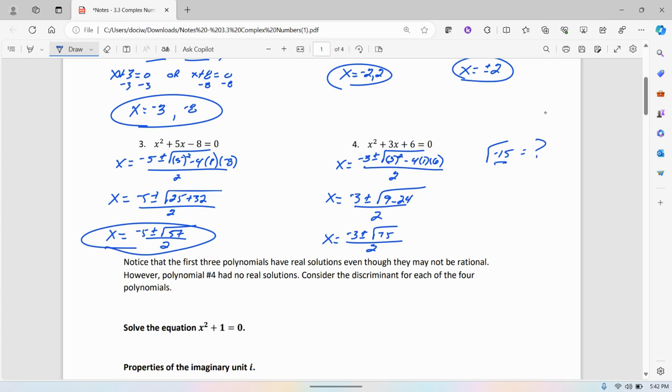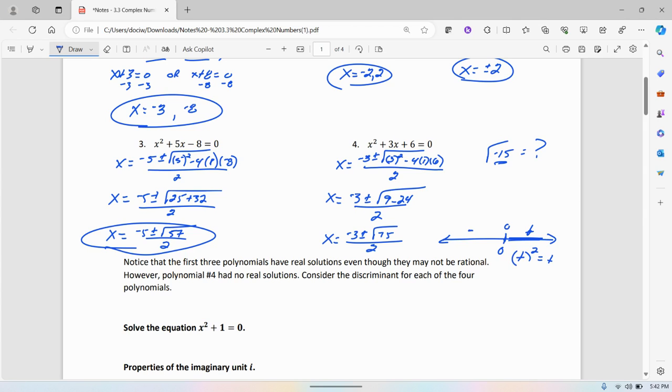If I look at -15, I want to find a number I can multiply by itself and get a negative number. But we know if I look at the number line, 0 squared would be 0. Any positive number, a positive times a positive, is going to give me a positive. So any positive number squared is a positive.